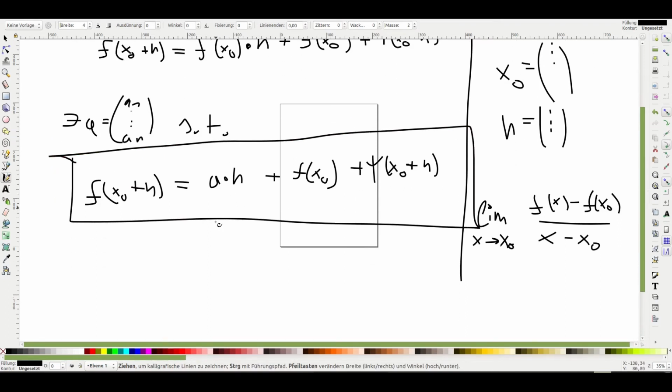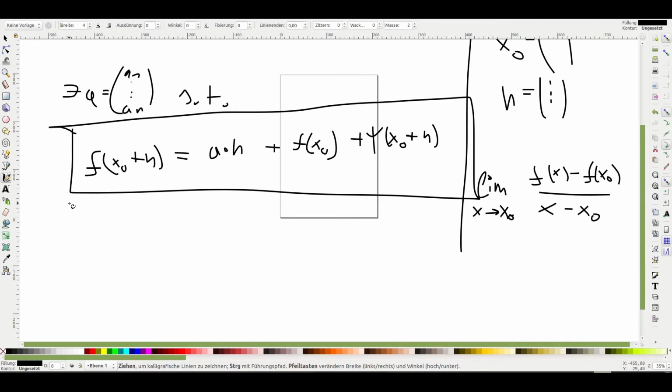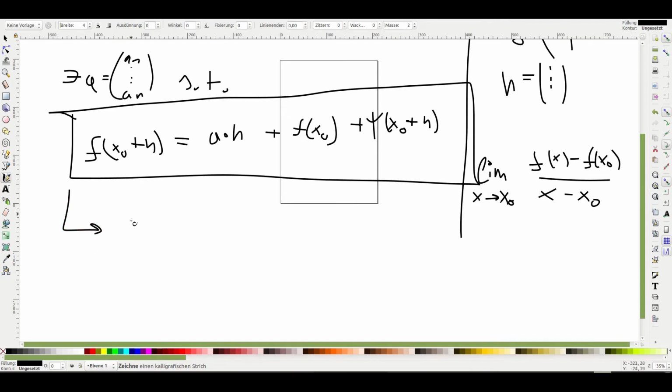Now we will derive directional differentiability from this simply by redefining h to be equal to some number alpha times our directional vector v, where the norm of v is equal to 1.